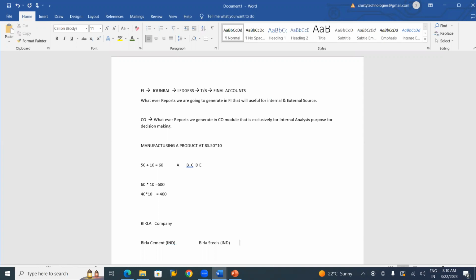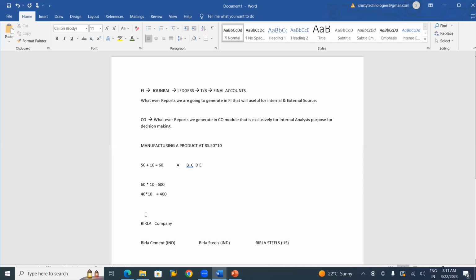And we have one more, Birla Steels in US. I'm having one company, and how many company codes? Birla Cement is one company code in India. Birla Steels is one company code in India. Birla Steels in US is one company code.